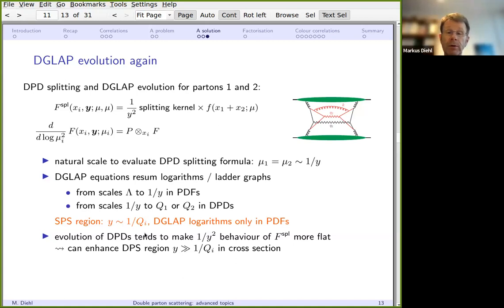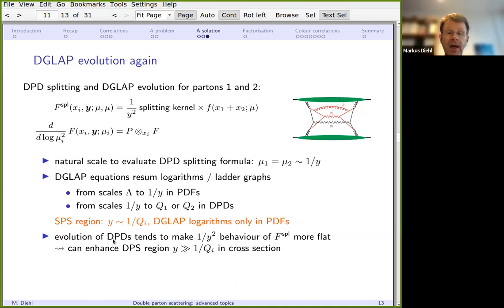A practically important point is the following. You can imagine quite easily that if a single parton ladder tends to make your distributions bigger, having two of them after the splitting makes it bigger much faster, basically twice as fast. So if you have a lot of evolution path between 1 over y and the final scale q, that region can become enhanced.